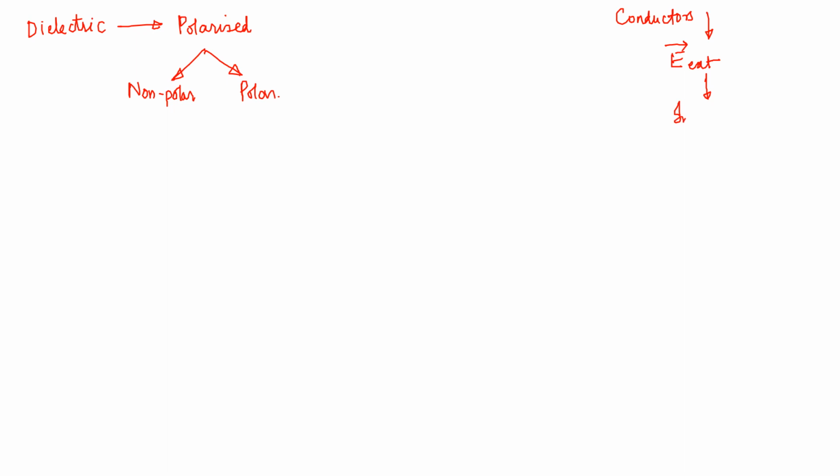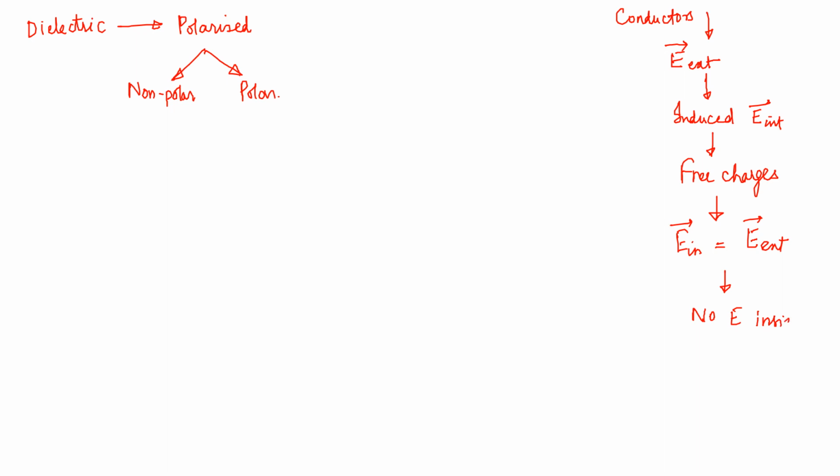This induced E internal. As induction happened in the free charges, the induced electric field was equal to the external electric field, so there is no E inside the conductor. So this is the story of the conductor.